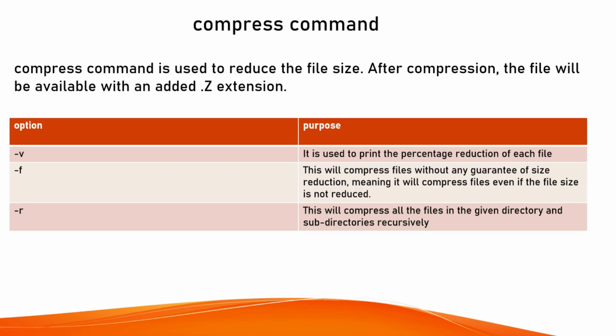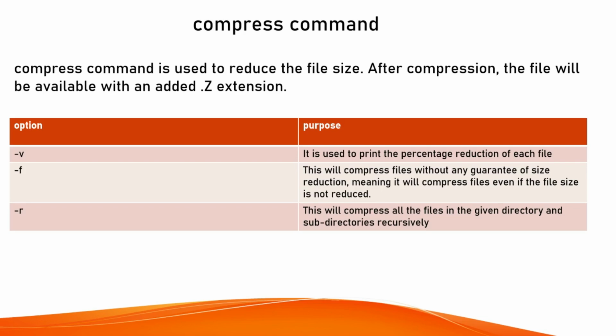So we have certain options to be used with the compress command. Let's understand. The compress command is used to reduce the file size. After compression, the file will be available with an added .z extension, and here we have certain options with it. Minus V is used to print the percentage reduction of each file.